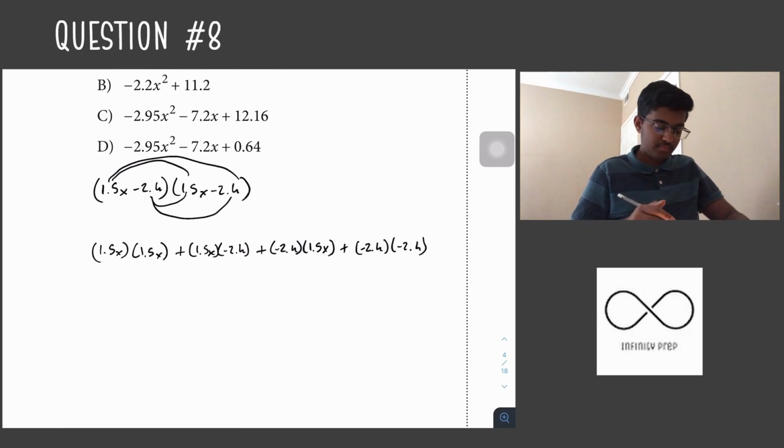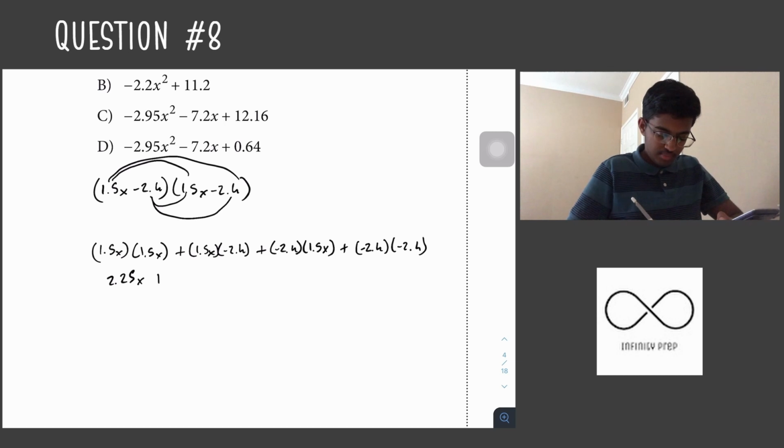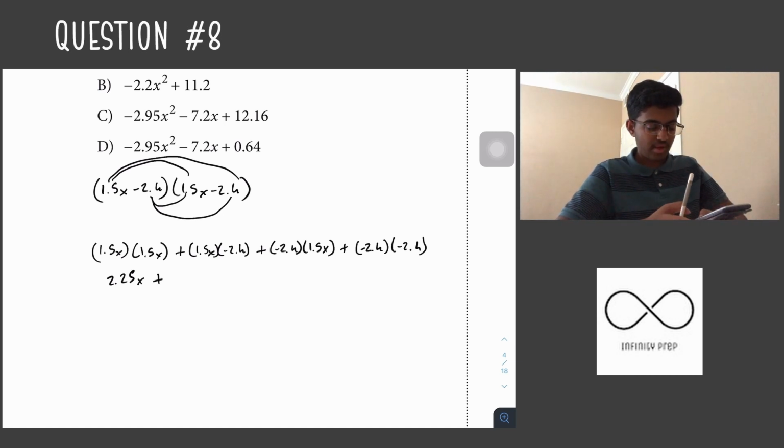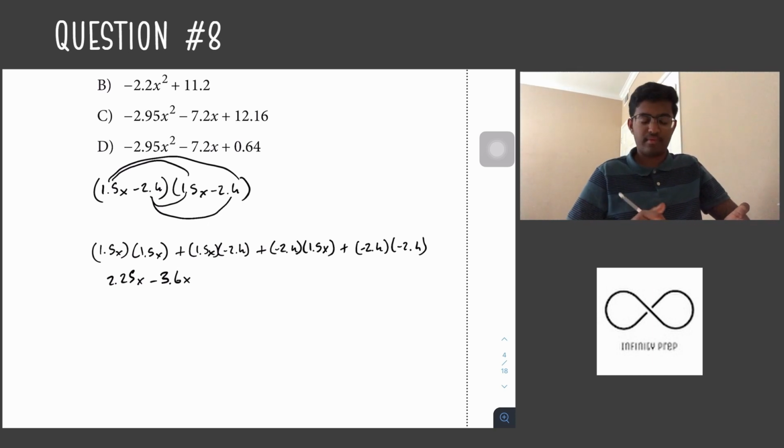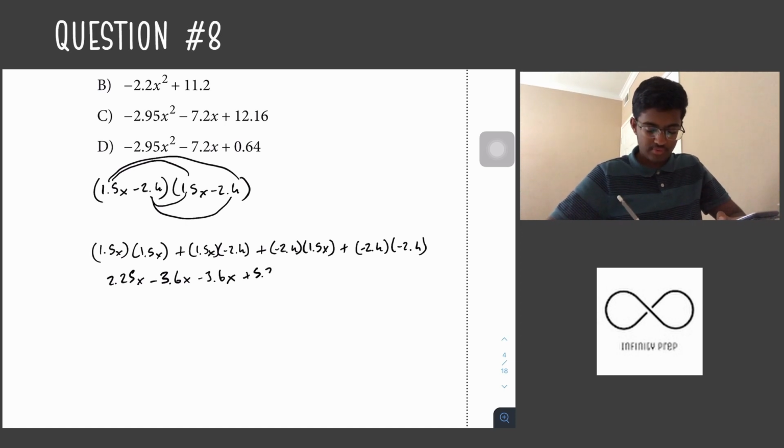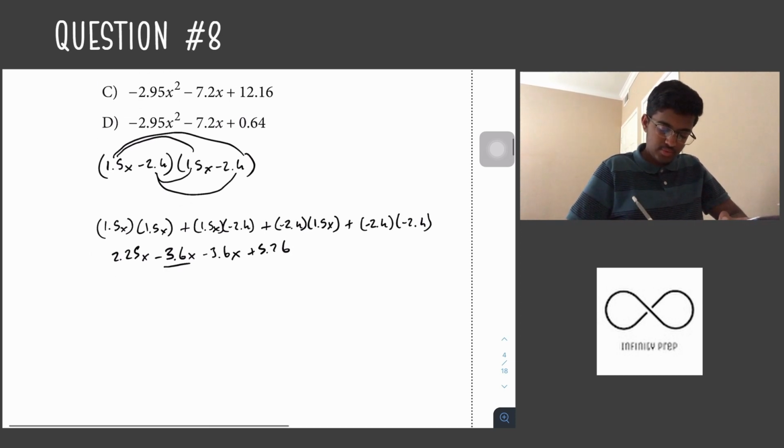Now we simply solve, and when we do 1.5x times 1.5x, we get 2.25x squared, plus 1.5x times negative 2.4, which is negative 3.6x, and negative 2.4 times 1.5x would be the same, which is negative 3.6x, and negative 2.4 times negative 2.4 is 5.76. And there are two equivalent terms right here, so we can combine them.